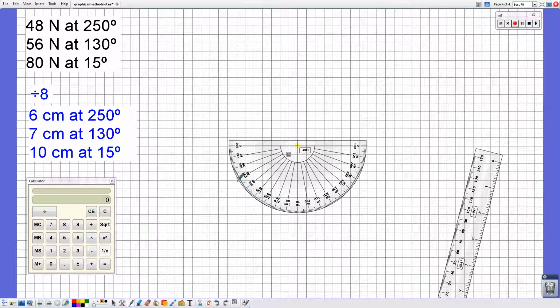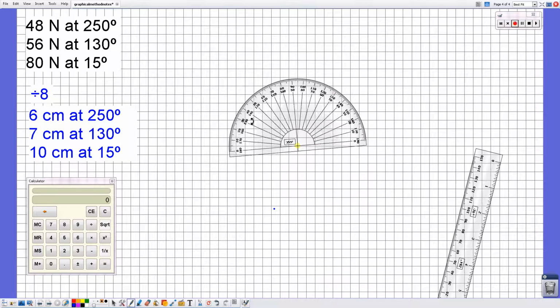So on. Alright, so I want 250. So if that's 180, 190, 200, 210, 220, 230, 240, 250. Which makes sense because according to my picture, my compass, straight down is 270. So, that looks pretty good.